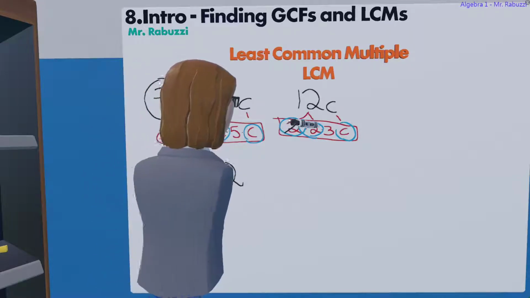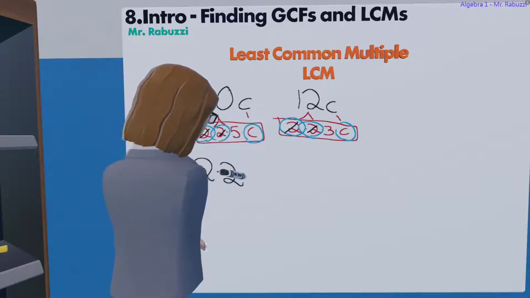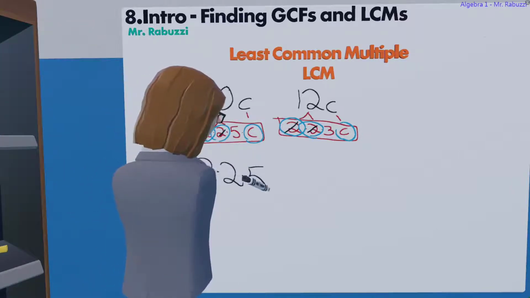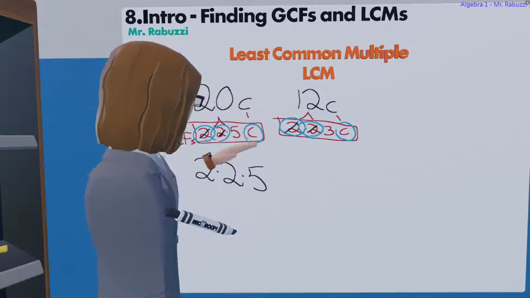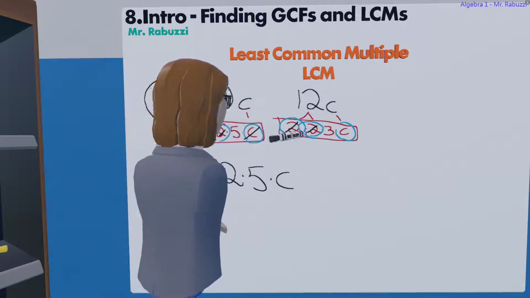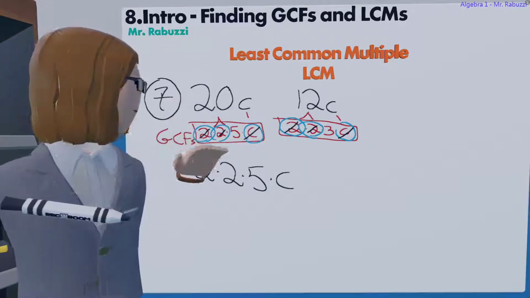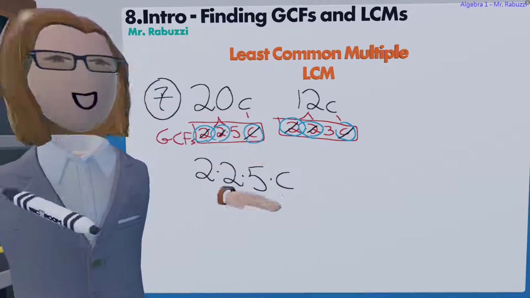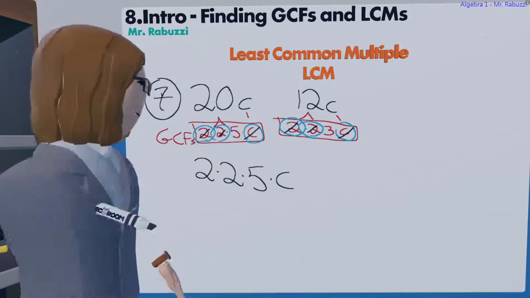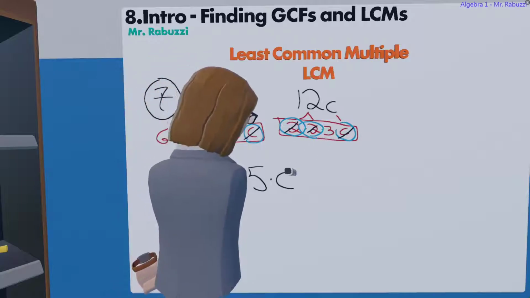Okay, that one and that one are done. Okay, we've got a 5. He comes down. We've got a C. We only bring down one of the C's. For every pair, only the one comes down. When we matched them, we only use one of the matches. And for each match, 3.